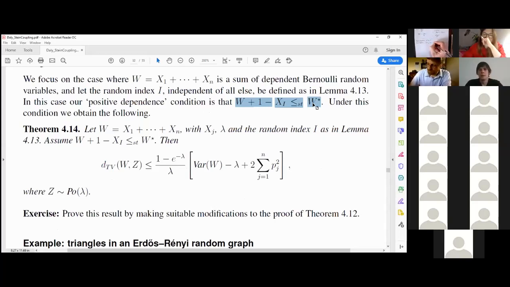The something that I'm going to take away is one of my x's chosen independently of everything else with probability proportional to its mean. So the same definition we were using when we were size biasing. I'm choosing one of my x's independently of everything else going on, and I'm choosing xi with probability proportional to the mean of that random variable.